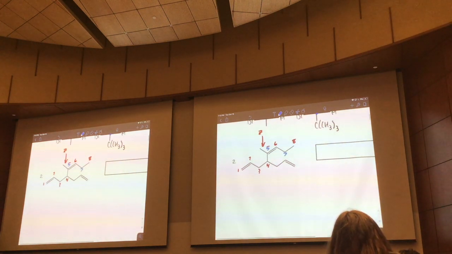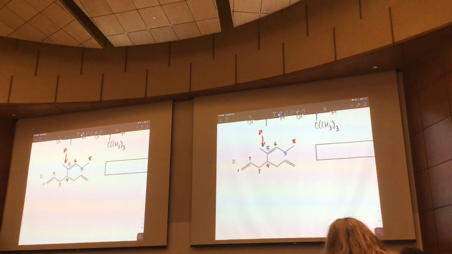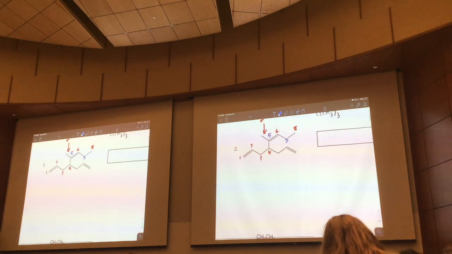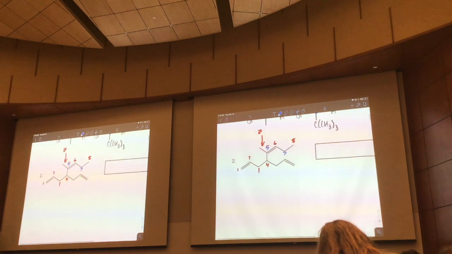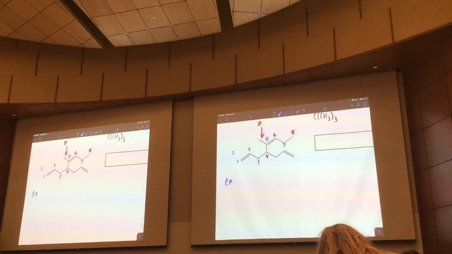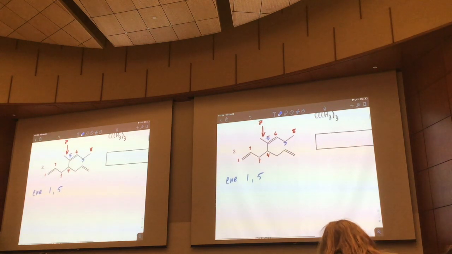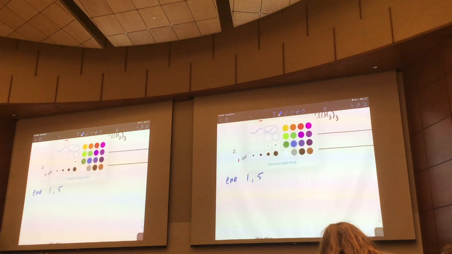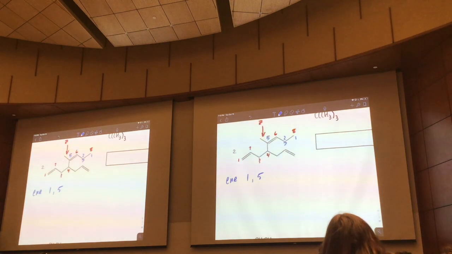Now we need to figure out the order. We're going to try to put our substituents on the lowest numbers possible. So going from left to right, we have a double bond, ene, on 1 and on 5. Going from right to left, let's redraw this actually. 1, 2, 3, 4, 5, 6, 7, 8.